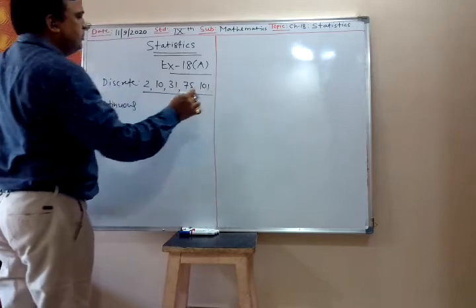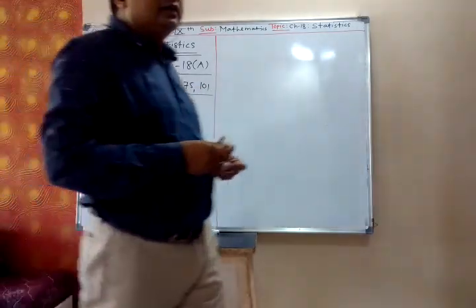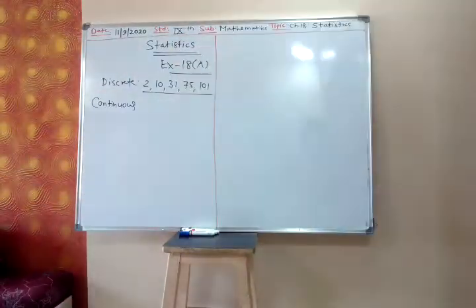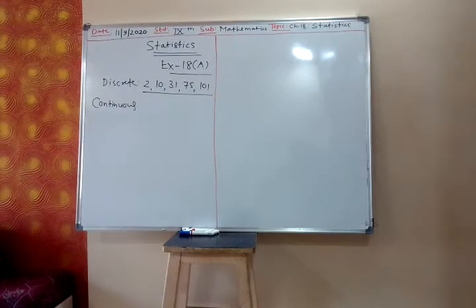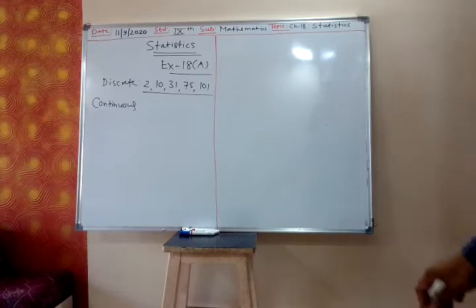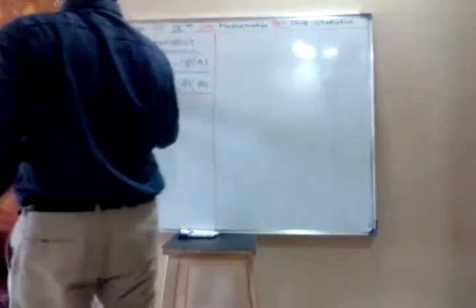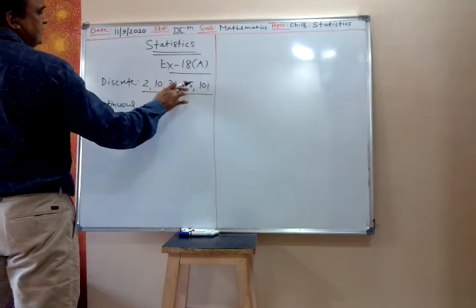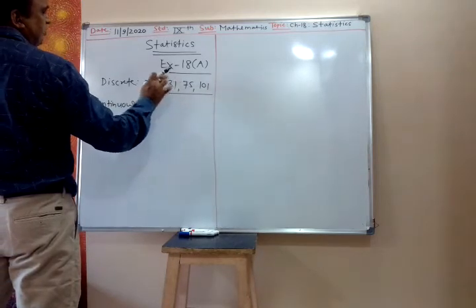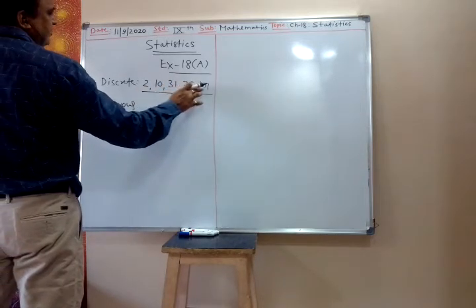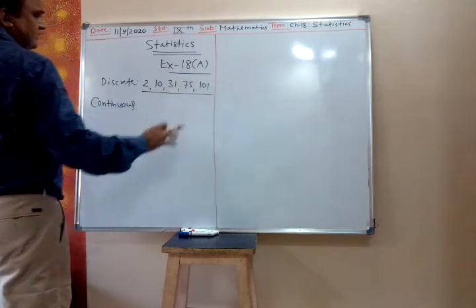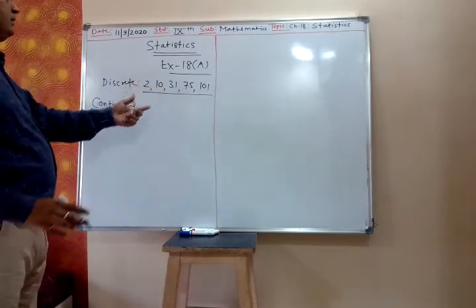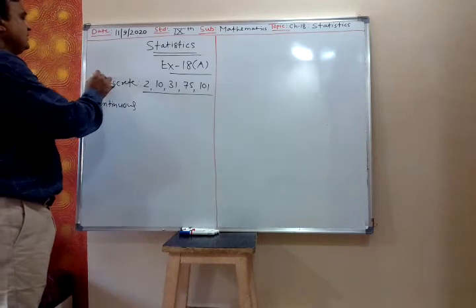So 2 to 10, there is a gap of 8, 10 to 31, a gap of 21, 31 to 75, a gap of 44, then 75 to 101, a gap of 26. So there is no uniformity. So this type of data is known as discrete.